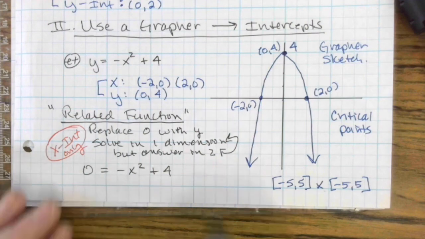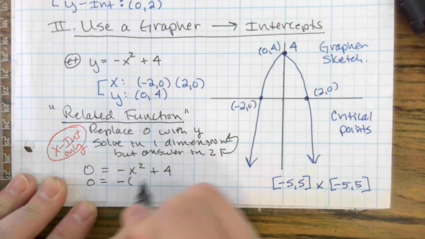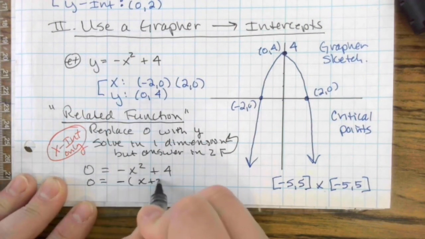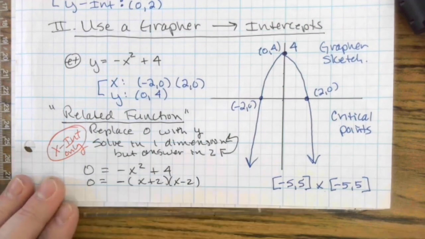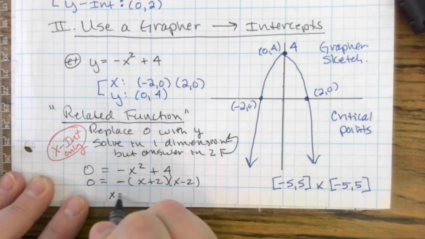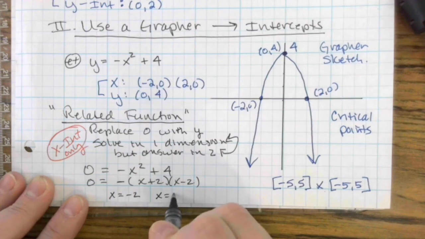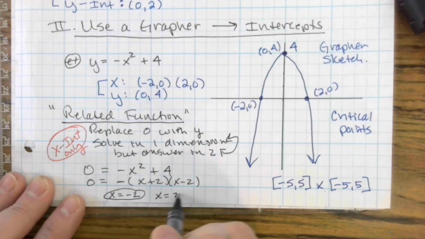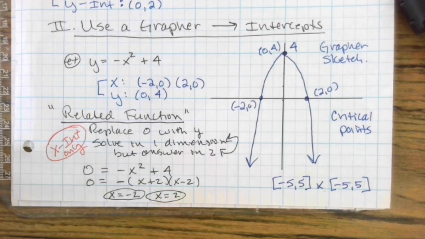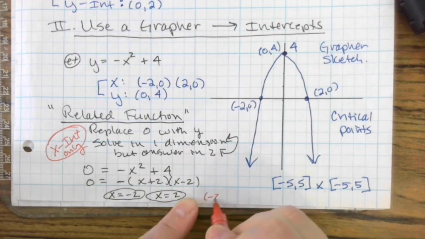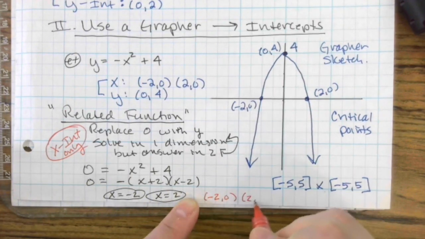So we would solve this normally. It would factor into a negative out front, x plus 2, x minus 2. We would get x equals -2 and x equals +2. These are the one-dimensional answers. If it says to write the answers as x-intercepts, then we're going to write our answers as -2, 0 and +2, 0.